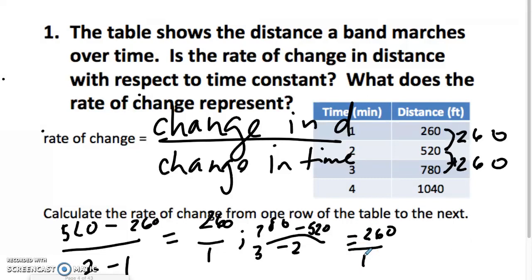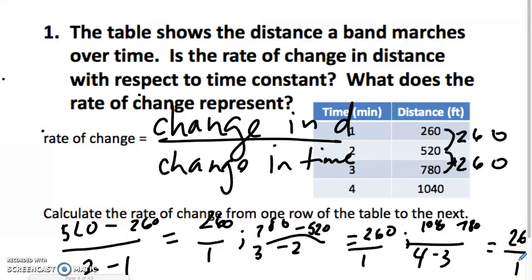Since it's constant so far, let's make sure it stays the same between 3 and 4. At 4 minutes, my band has marched 1040 feet minus 780 all over 4 minus 3. That's also going to be equal to 260 over 1.